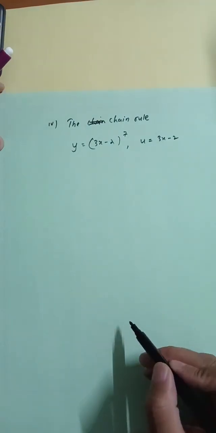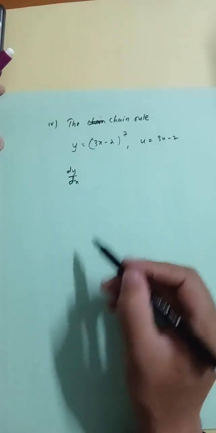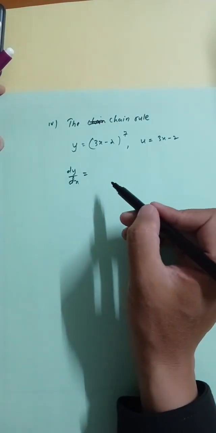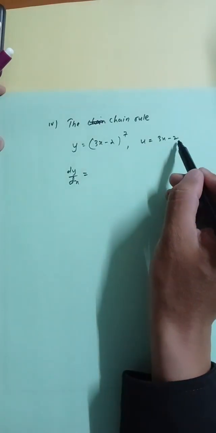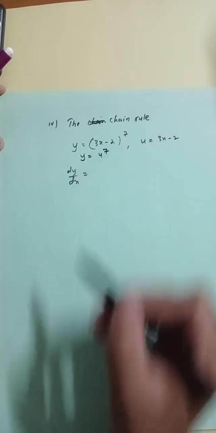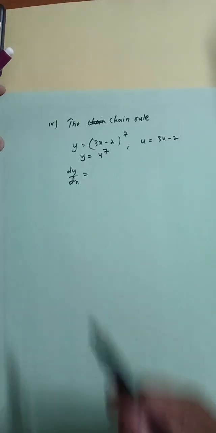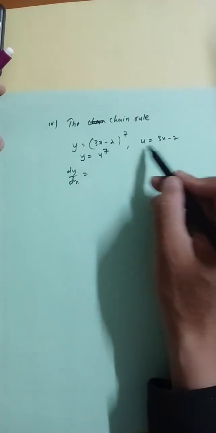Then what will happen to dy over dx? As soon as I replace 3x minus 2 by u, y is equal to u raised to 7. Now we have y with respect to u, and u with respect to x.